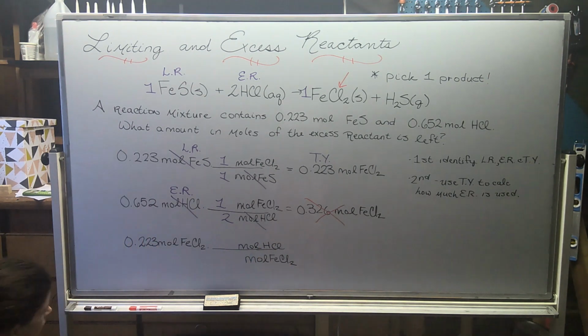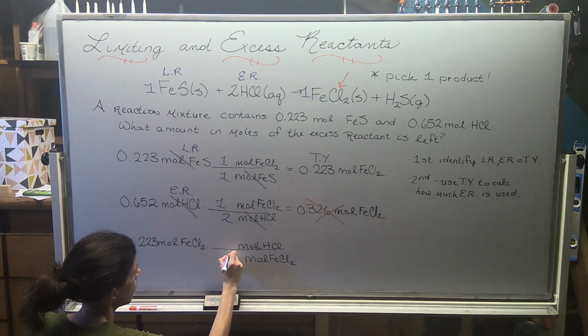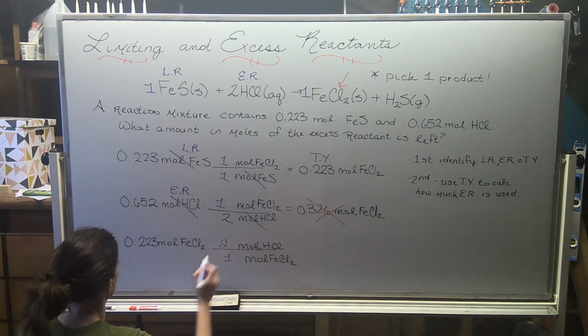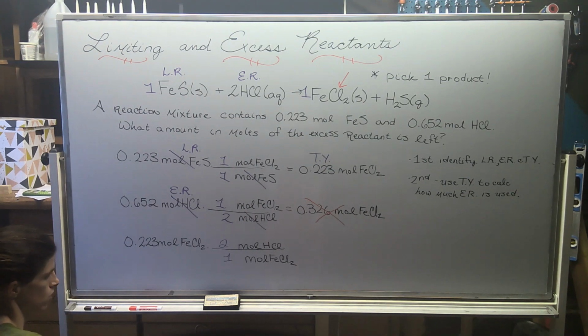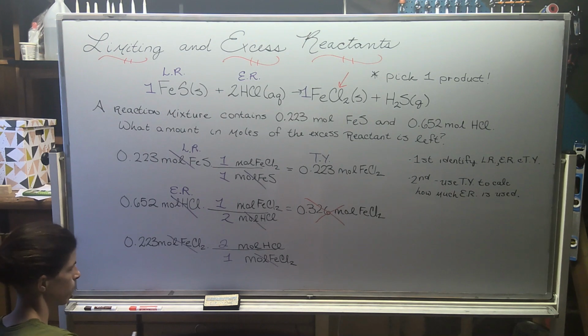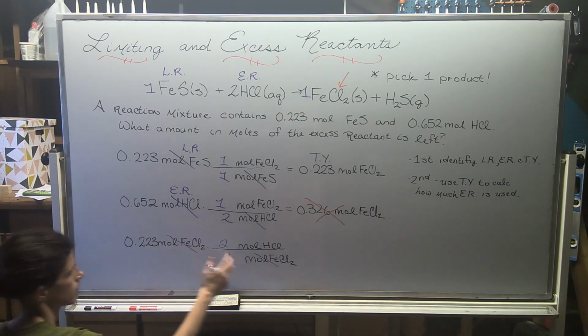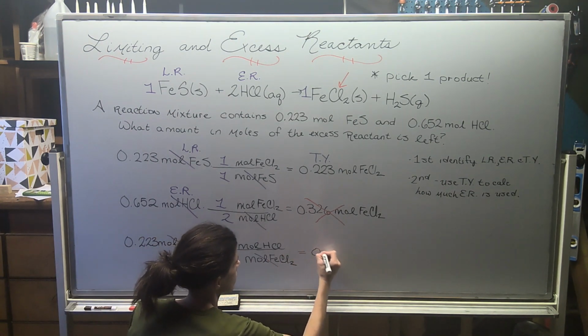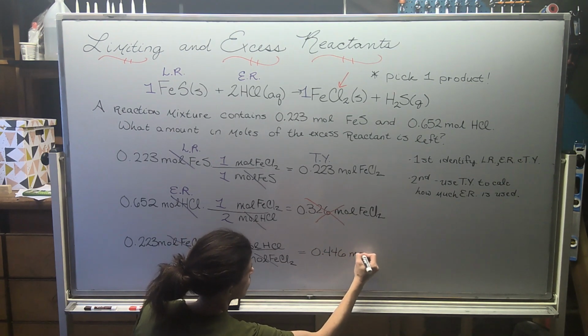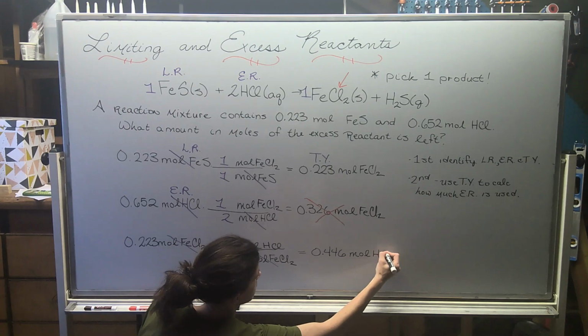Grab those conversion factors. So 1 mole of iron chloride and 2 moles of hydrochloric acid. Look at how stuff's canceling. And so at this point, I'll do 0.223 times 2, and I get 0.446 moles of hydrochloric acid.